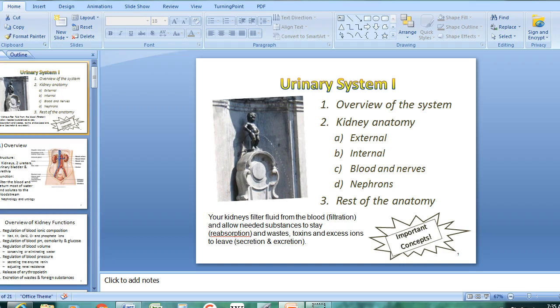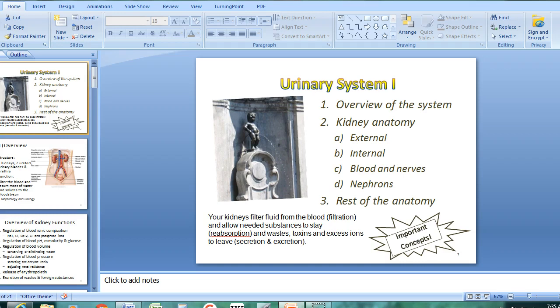This is going to relate to chapter 24 in the McKinley textbook. And we see that the urinary system is a system whose main job is filtration of blood and elimination of the wastes. Let's back up a little bit and think about some of the systems we talked about over the last semester.